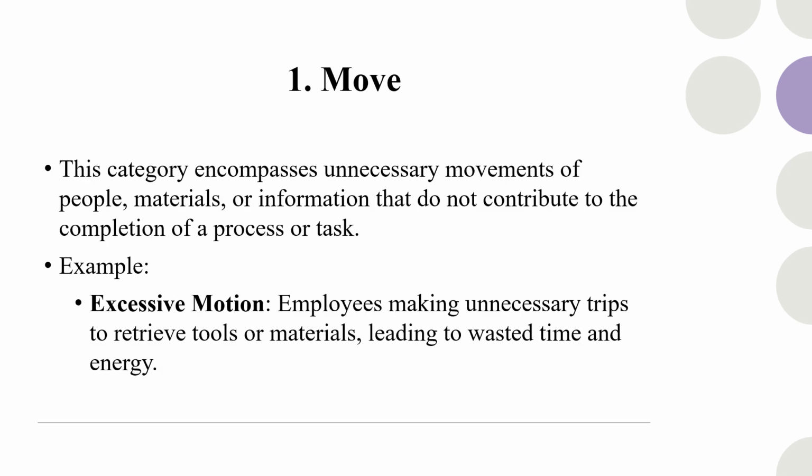Move. This category encompasses unnecessary movements of people, materials, or information that do not contribute to the completion of a process or task. Example: employees making unnecessary trips to retrieve tools or materials, leading to wasted time and energy.